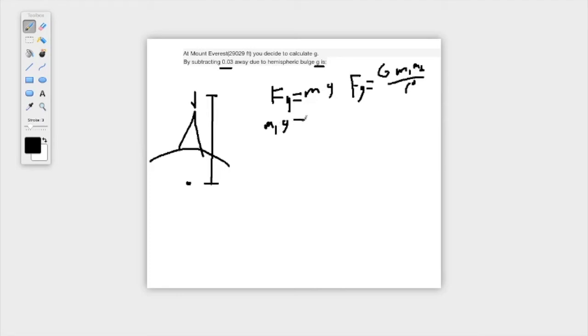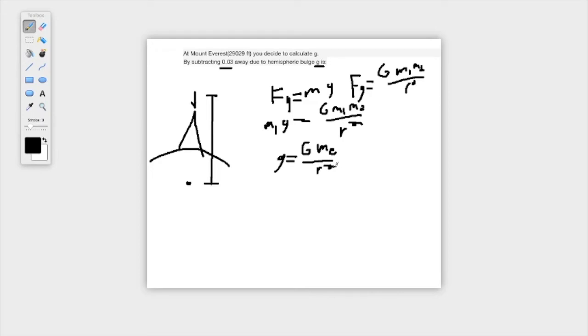And this is the thing that is being attracted to the Earth, which is you. And then when the masses cancel out, you get g equals G times the mass of the Earth, or mass 2, over R squared.